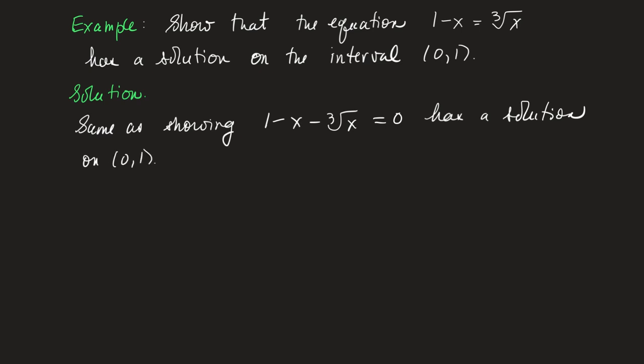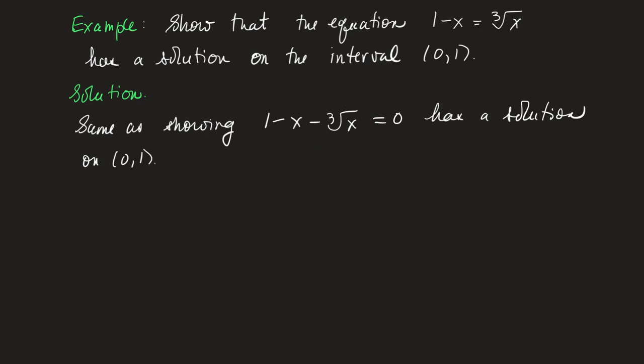An alternative option would be maybe to get the constant 1 on one side, and then you could apply the IVT by getting a value less than 1 and a value greater than 1, but I'll use 0. All right, so first of all, I note that if this is my function, then it will be continuous.